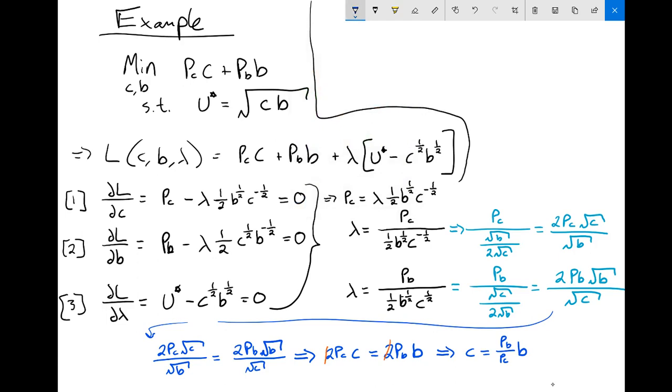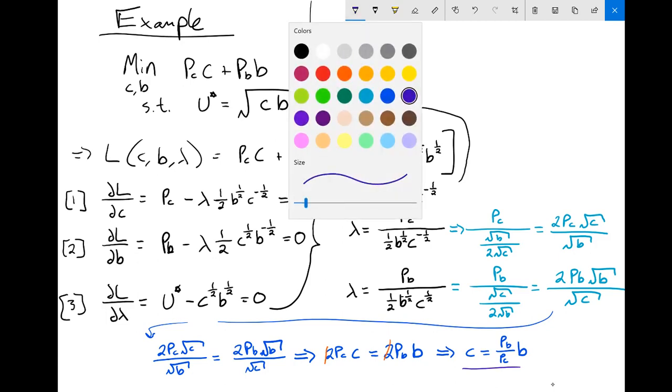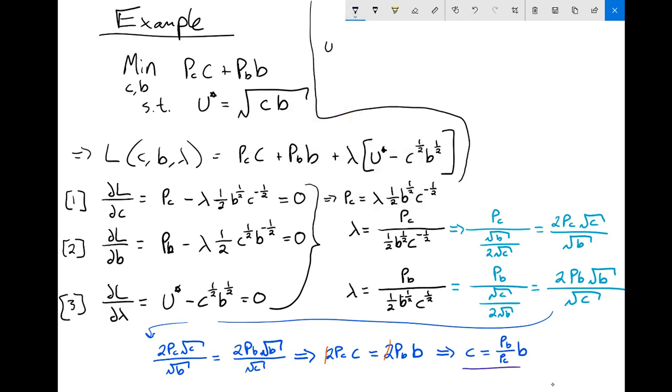We're going to take this, actually I'll use a different color. We're going to take this, and we're going to plug it into the final first order condition. So what we're going to have there is U star minus, plug C in, PB divided by PC times B, to the 1/2, times B to the 1/2 equals 0.